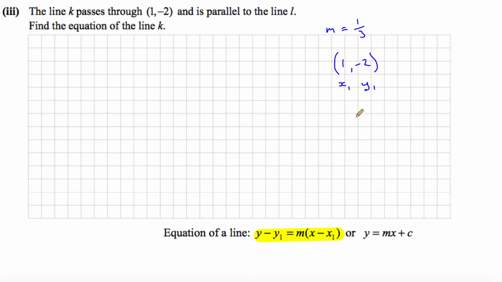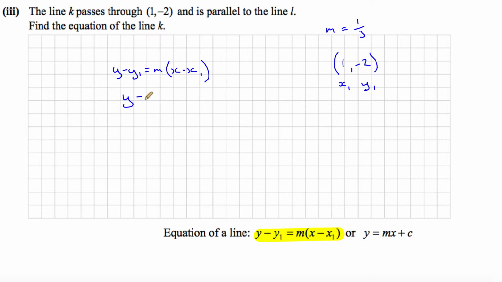So we're going to substitute these in here to this formula. So I have y minus y1 is equal to m bracket x minus x1. Always a good idea to write the formula out. And now I'm going to substitute in. Now this y and this x here will be part of the equation, part of your answer, so they'll be left alone.